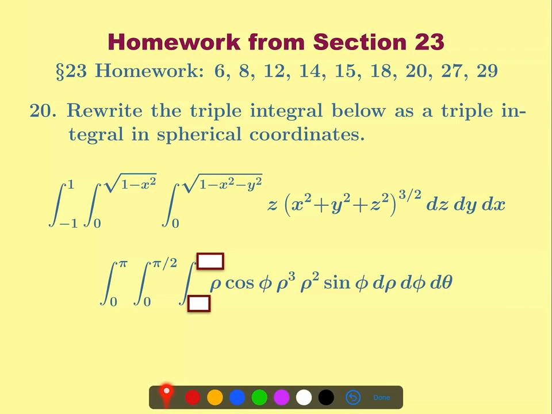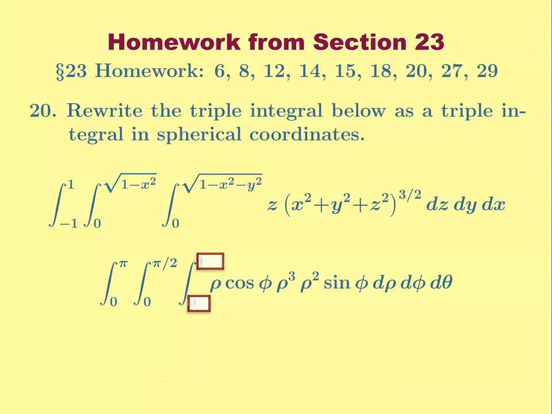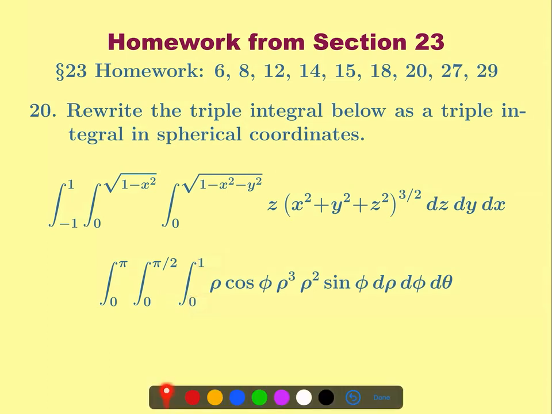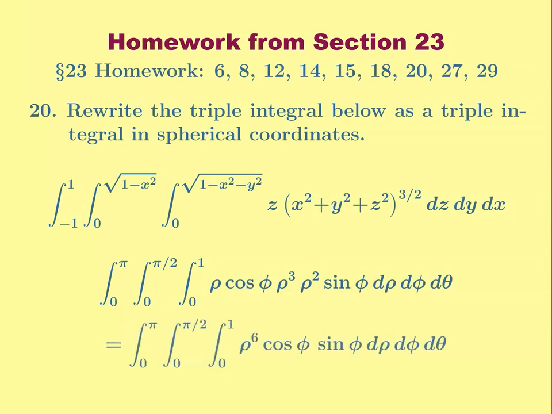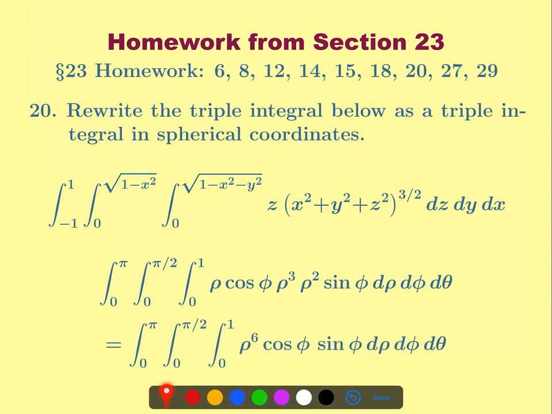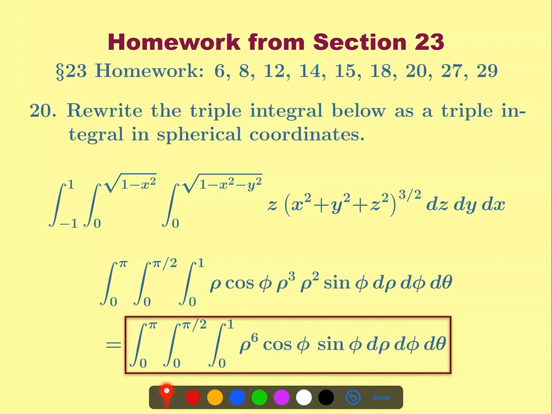So you're starting at the z-axis with phi and going down to the xy plane. Rho is going from 0 to 1. 1 was the radius of the sphere. So again, we can combine these and simplify that. Rho to the 6 cosine phi sine phi if we want. But other than that, we're done setting this up, and this will be the answer to this problem.